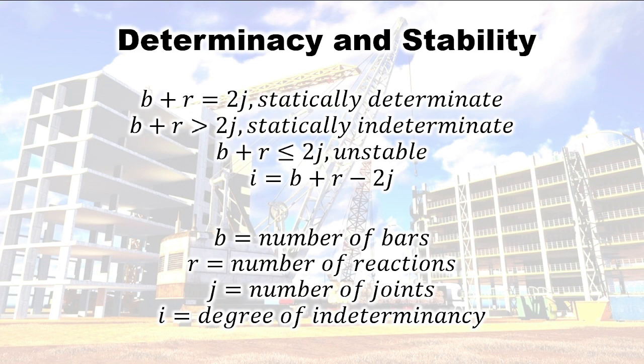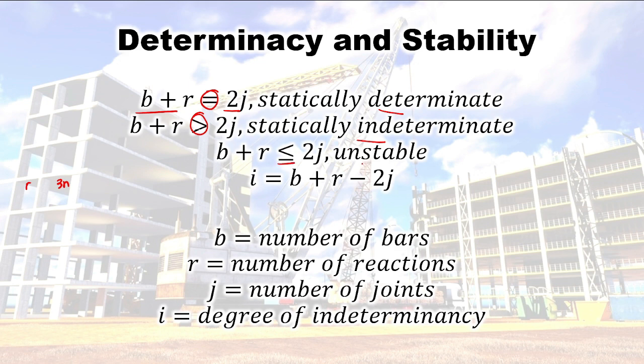We also have the determinacy and stability of truss. Now, remember from your previous lecture, we also have this in beams and frames. Our equation there is r = 3n. Now, here in truss, we have b + r and 2j. We actually have the same principle. Pag equal sila, statically determinate; greater than, indeterminate.